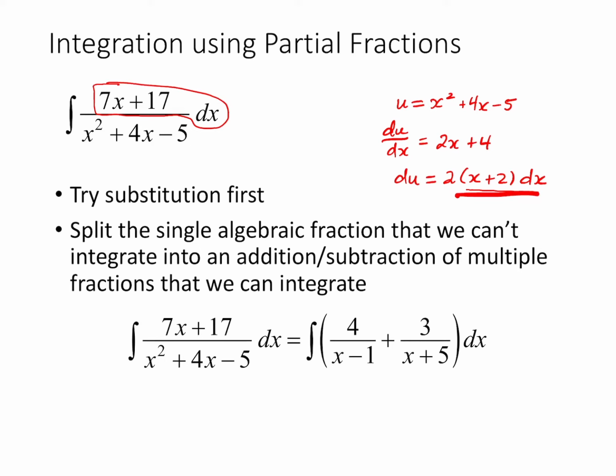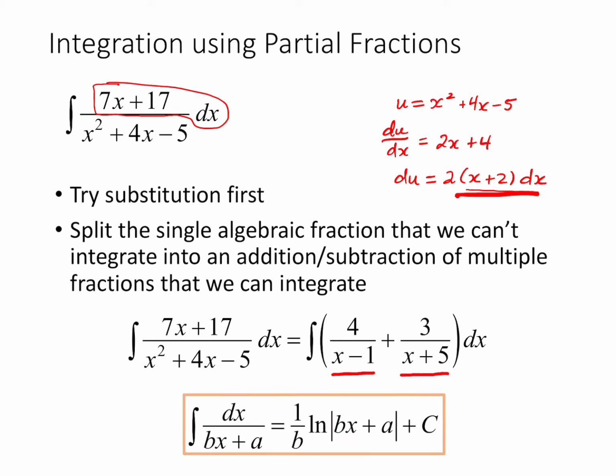So doing the algebra, this 7x plus 17 over x squared plus 4x minus 5 is the same as 4 over x minus 1 plus 3 over x plus 5. And then each of these terms, the 4 over x minus 1 and the 3 over x plus 5, we could integrate using this basic rule that if you're integrating a linear term in the denominator, bx plus a, essentially what we'd be using is substitution.